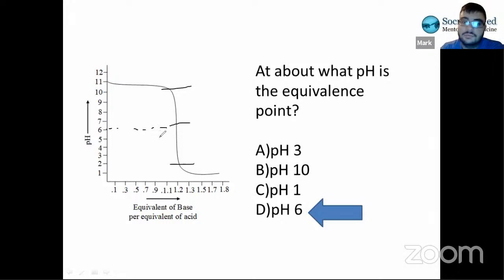They won't give you pH 7 or pH 6.5 as another option, because they know you're guessing, so they'll give you something easy like 1, 3, 10. They won't give you anything too hard to guess.